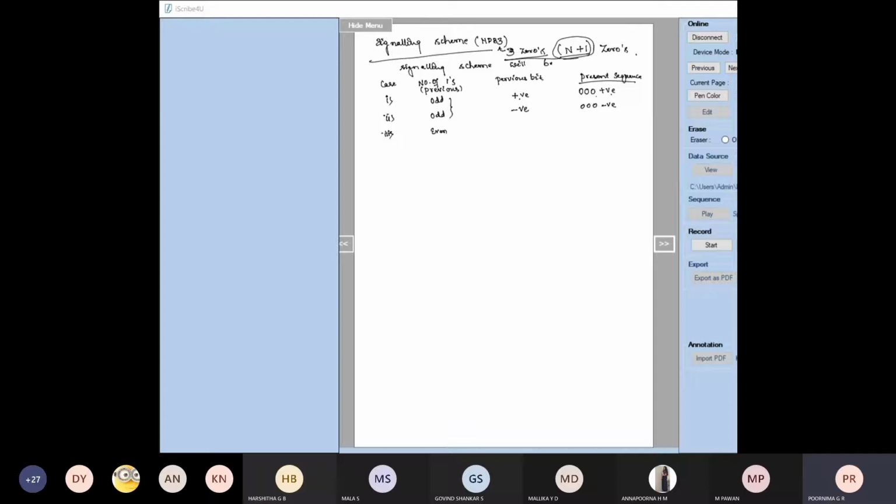Even number of ones and the previous bit is positive, then you will replace the present sequence with negative 0 0 negative. And for the fourth combination, the number of ones is even, but the previous bit is negative. In that case, positive 0 0 positive amplitudes you are going to represent. Is it clear, students?